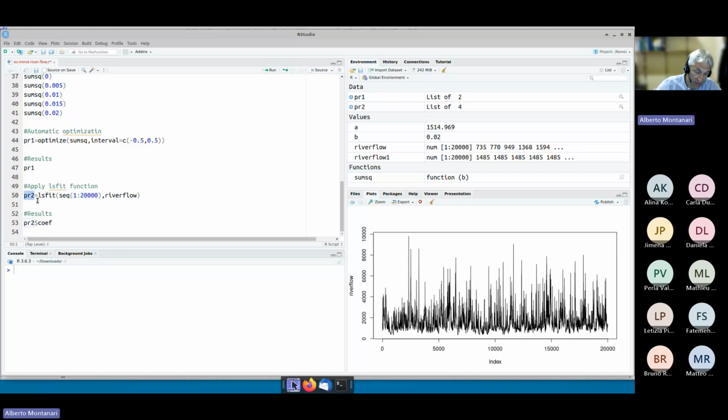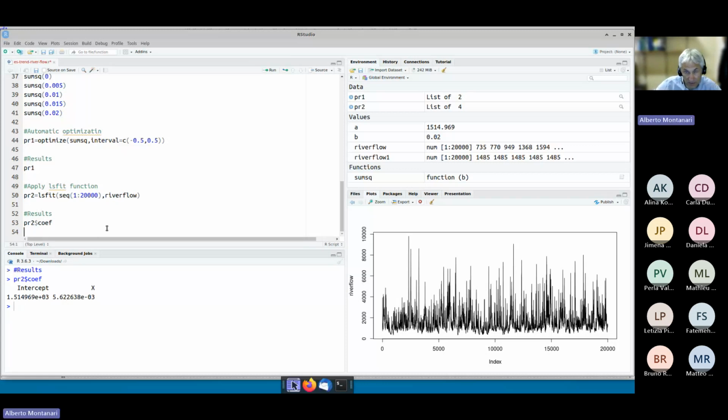A list is, as I said, a group of information, a list that contains several pieces of information, and one of these is the coefficients. So if I call the subset of the list called coef, I get intercept and slope.